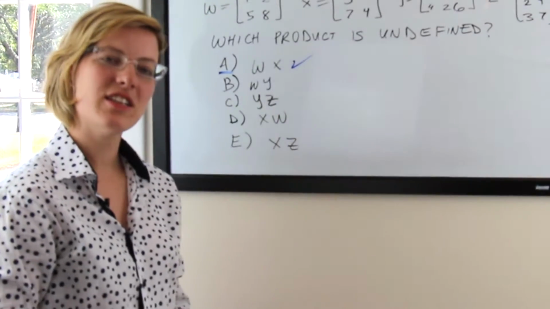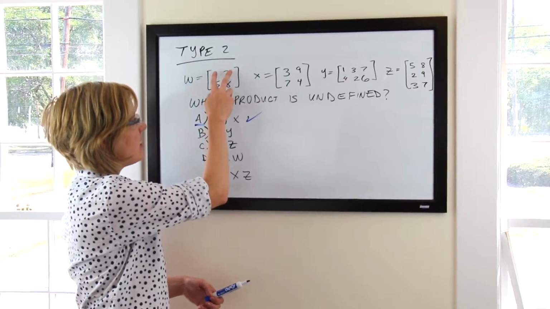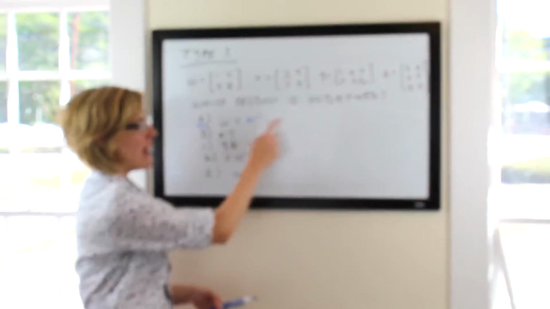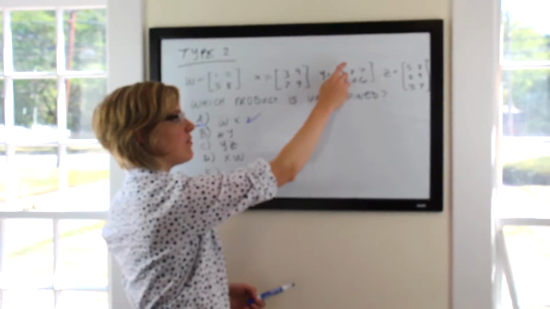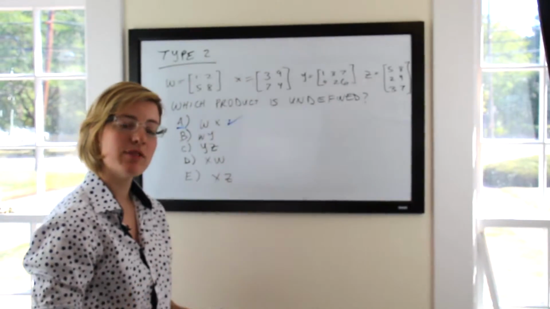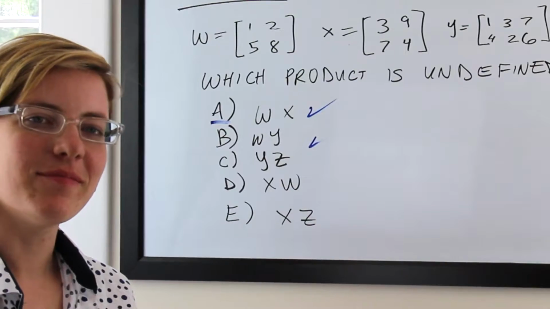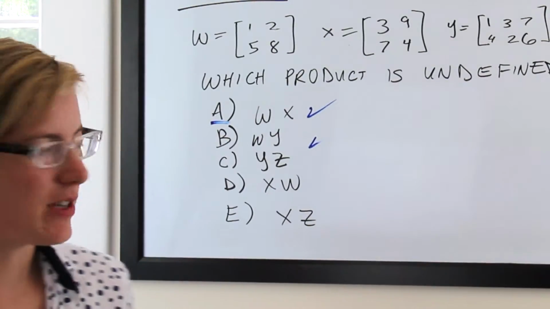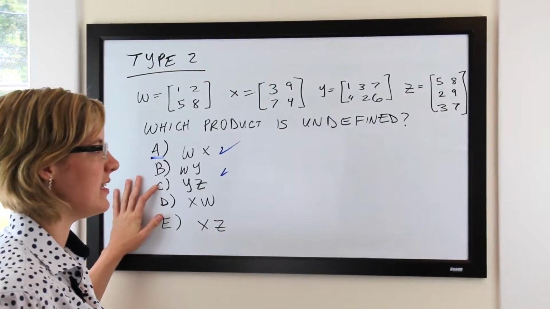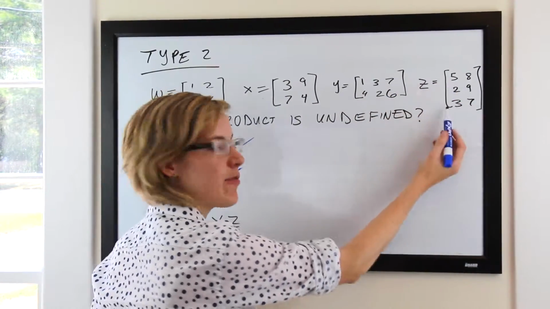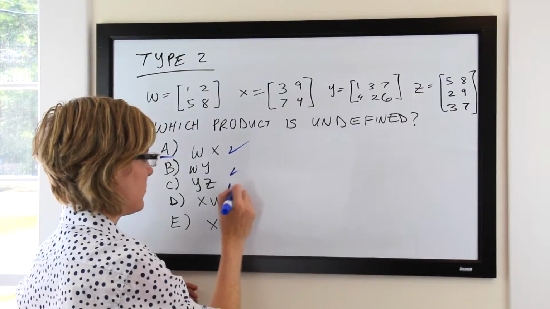All right, so now let's look at answer choice B. We again have 2 columns, and for Y, the second matrix, we have 2 rows. We don't even have to do the multiplication to know that this also works. All right, let's go through the last 3 answer choices. YZ. We have 3 columns and 3 rows. That works.